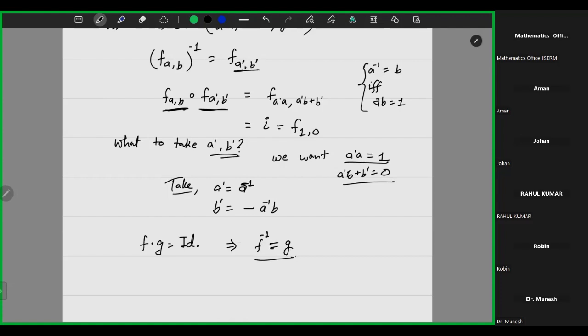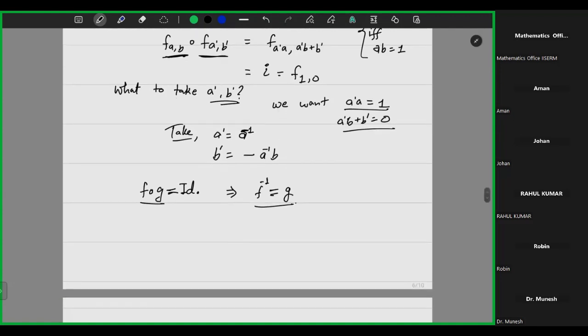Here it is coming out as a right inverse, because homomorphisms do not form abelian groups. So f composed with g is identity, but what about g composed with f? That also we have to check.